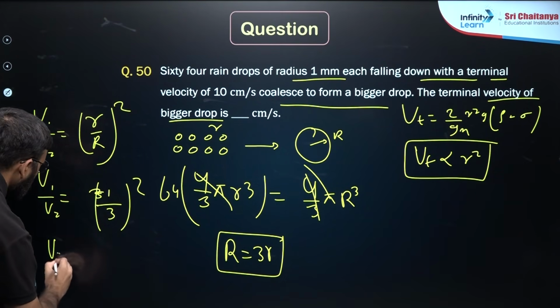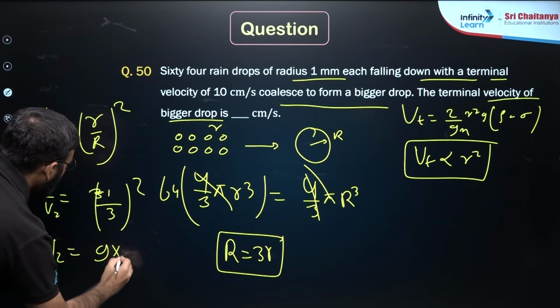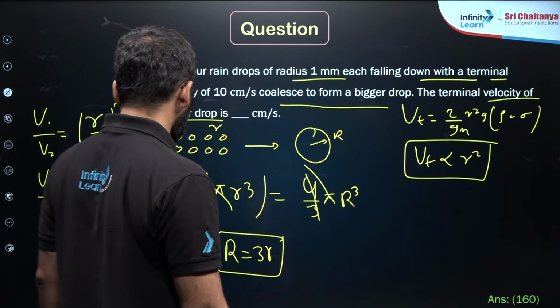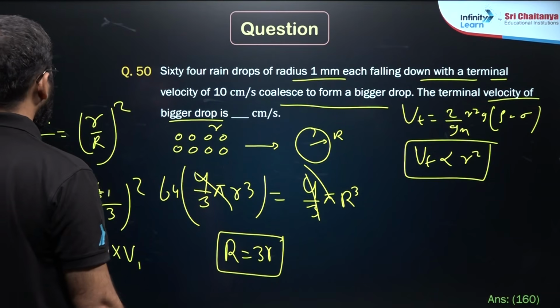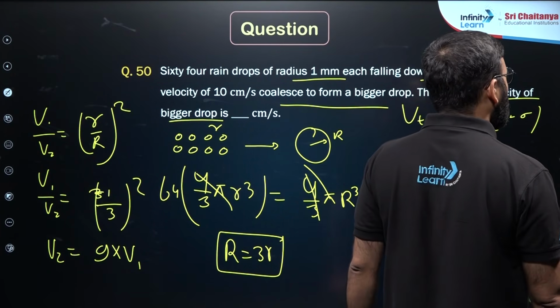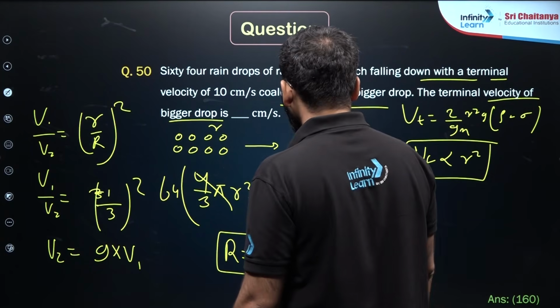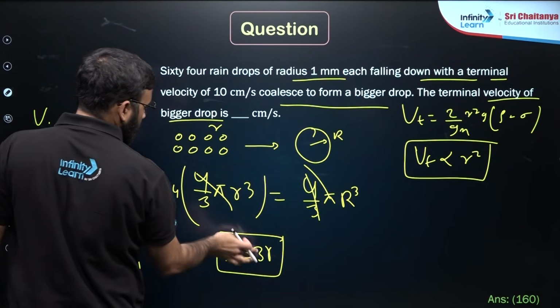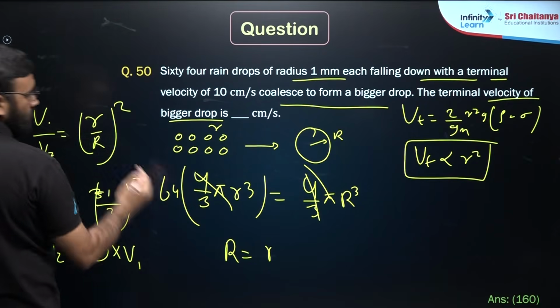So V2 equals to 9 into V1, so 90 centimeter per second. So 160, where did I make a mistake? Oh, there is 4, bro, sorry. This is the 4.